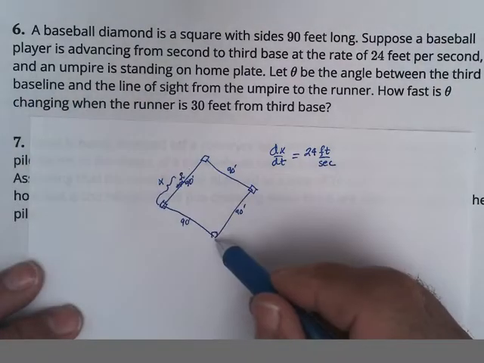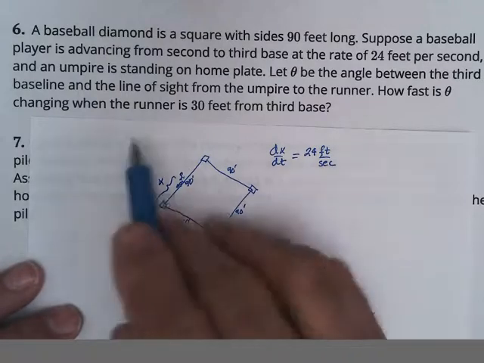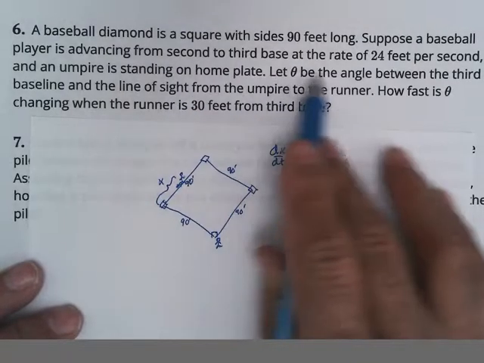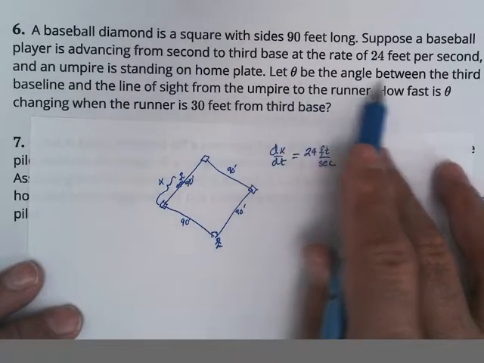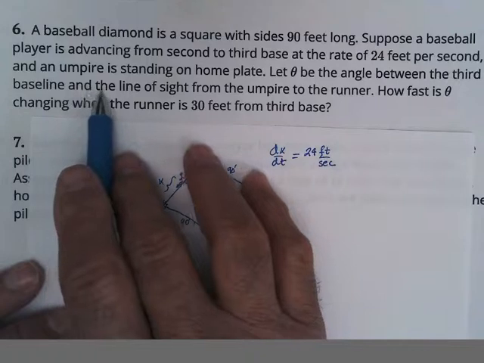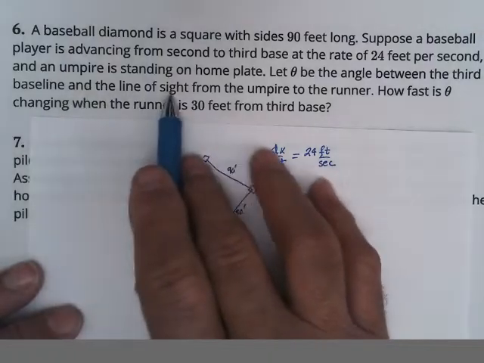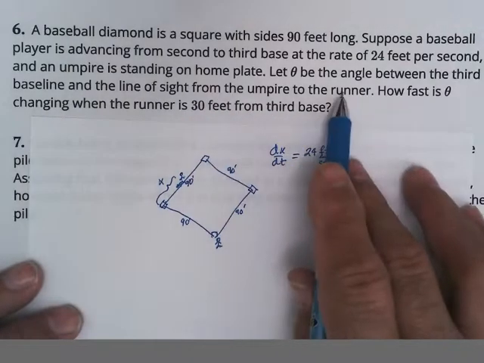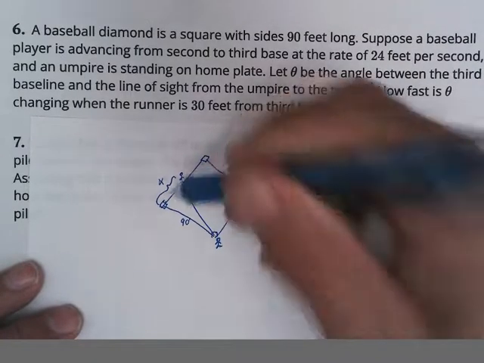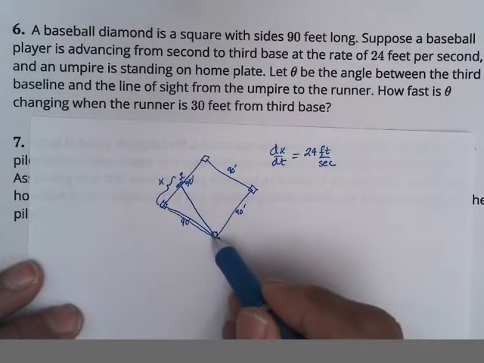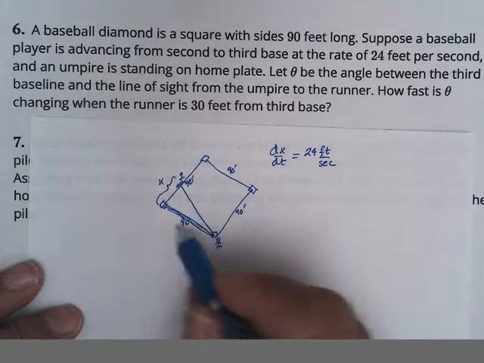And the umpire is standing at home plate. That's him down here. The angle theta is the angle between the third base line and the line of sight from the umpire to the runner.